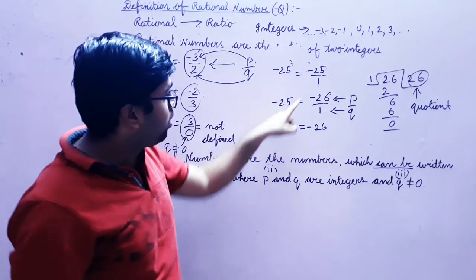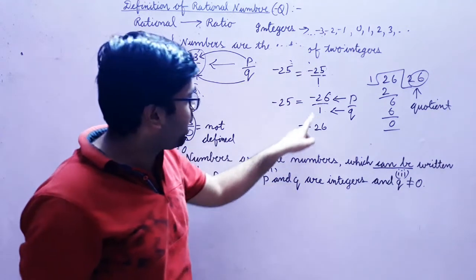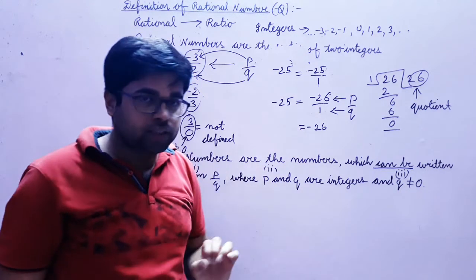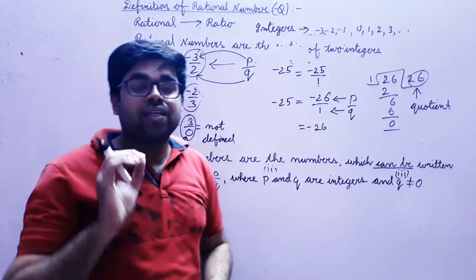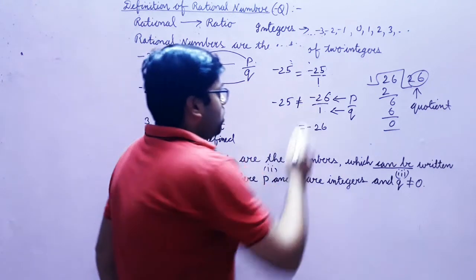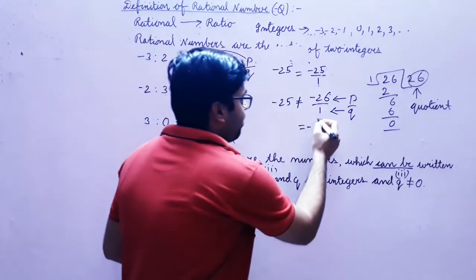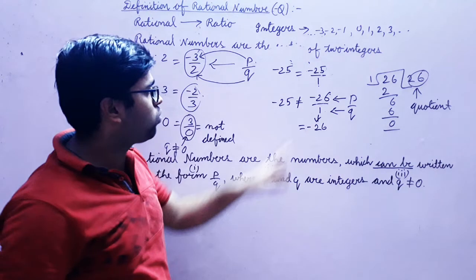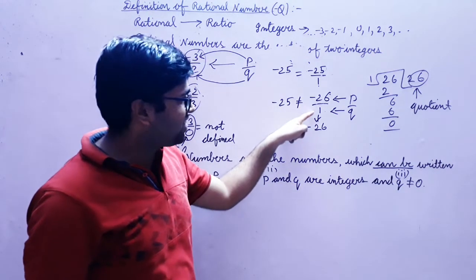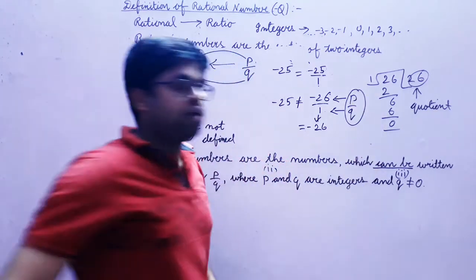Because if you write minus 26 in place of minus 25, you get minus 26 divided by 1 as minus 26. Now minus 26 is not the same as minus 25. So on the left hand side and right hand side, you do not have the same values. That's why you can't write minus 25 as minus 26 by 1 when you want to write it in the form p by q.